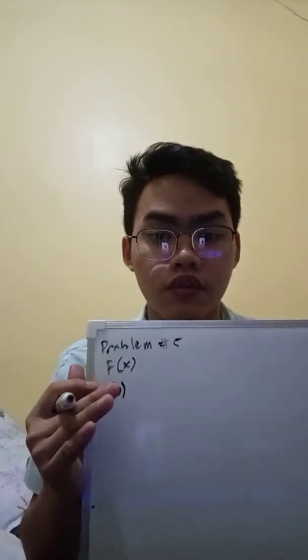Okay, so let me show you first. So f of x, then f of 0 is equal now to probability of x less than or equal 0, which is the probability of 0, which is 0.886.